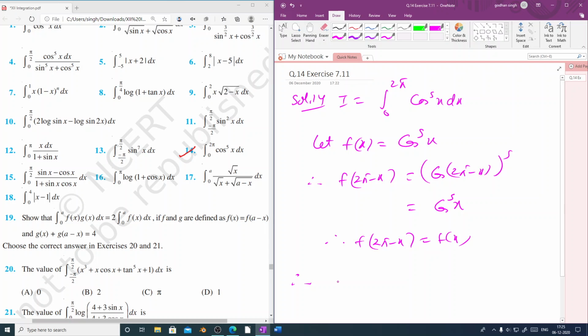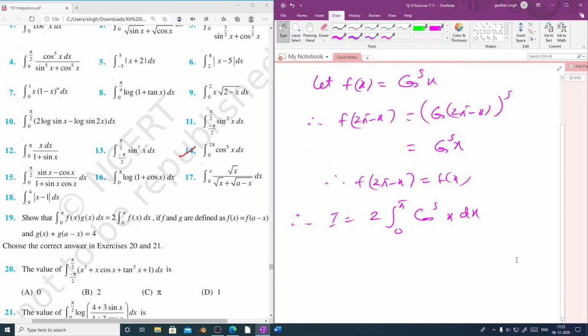Therefore we'll get I equal to 2 times the integral from 0 to pi of cos raised to 5 x dx. Why?